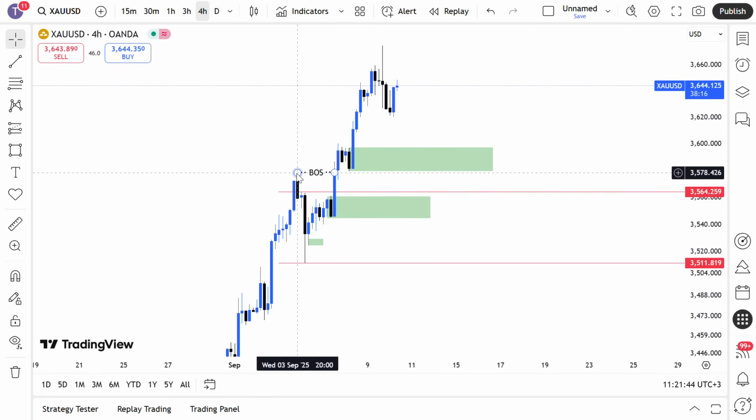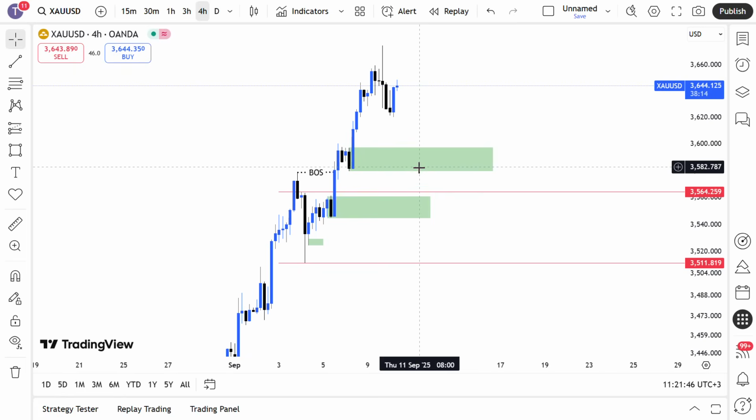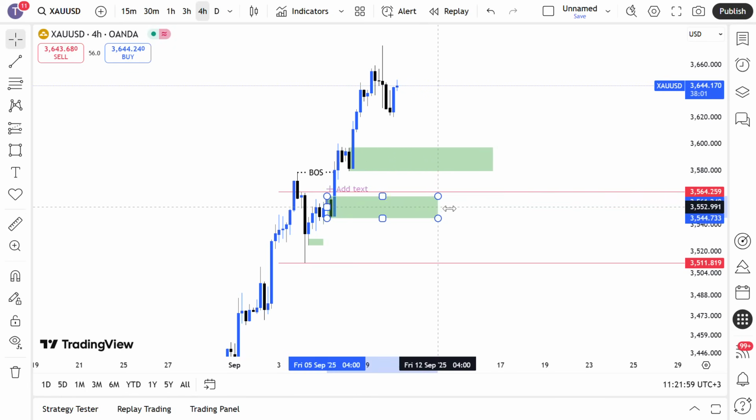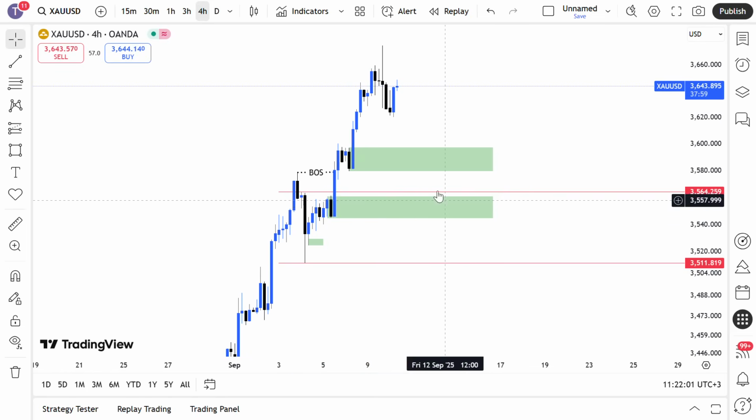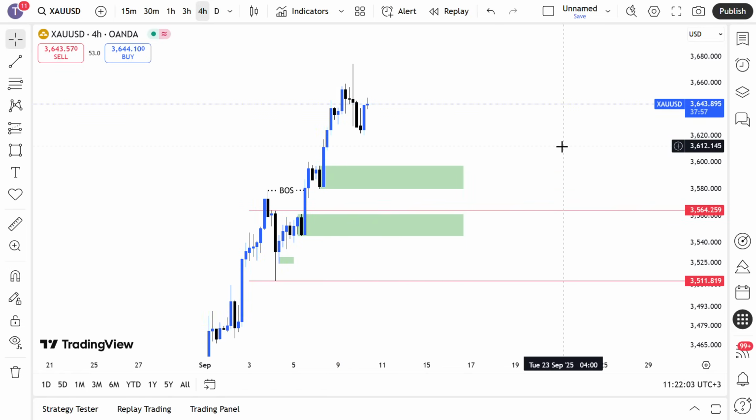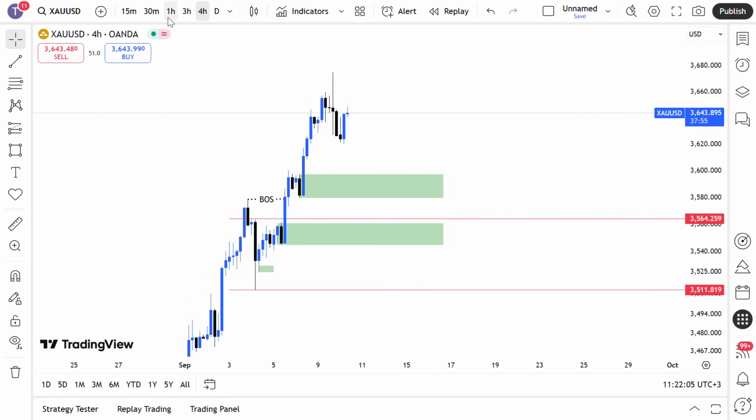The resistance was taken out, that means it can be used as a support level. So both this order block and this order block are very strong. So we will see what will be happening in this area, and also what will be happening in this area. So we have two areas, and we will see what gold will be doing.